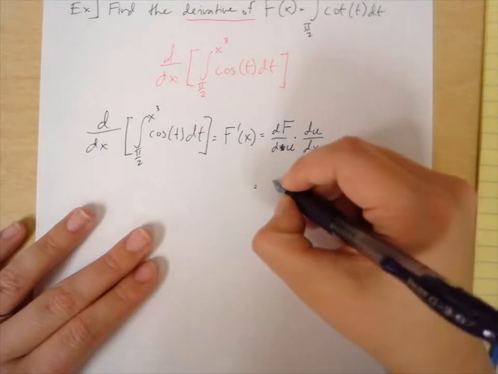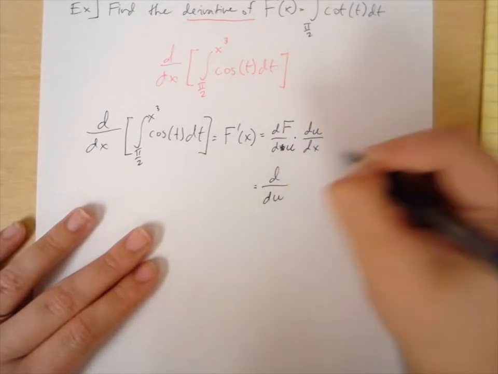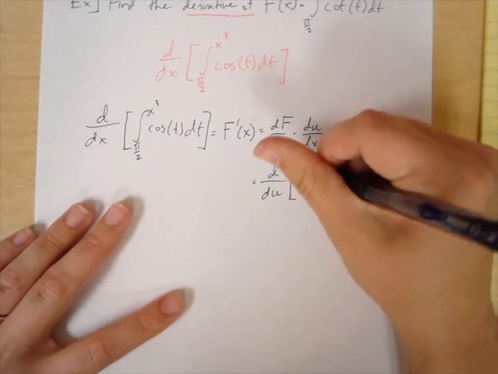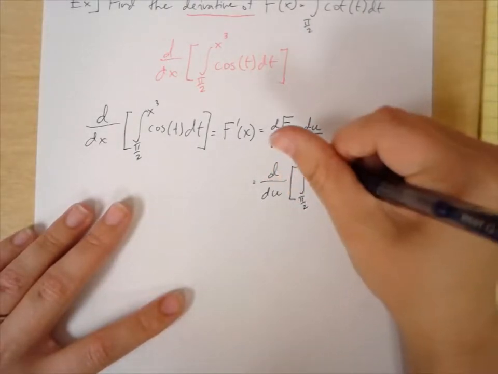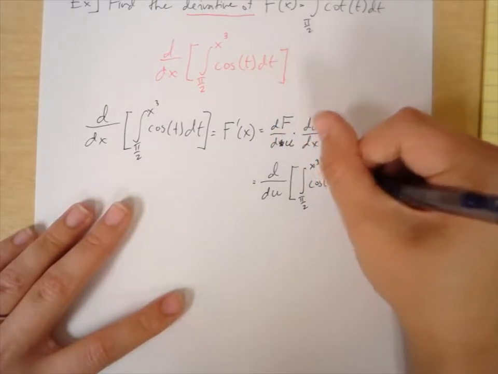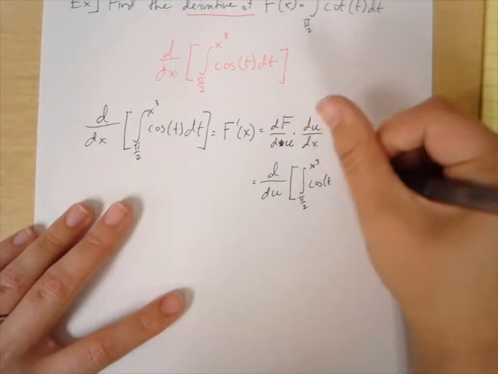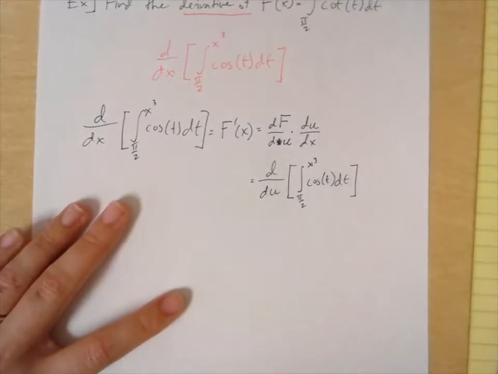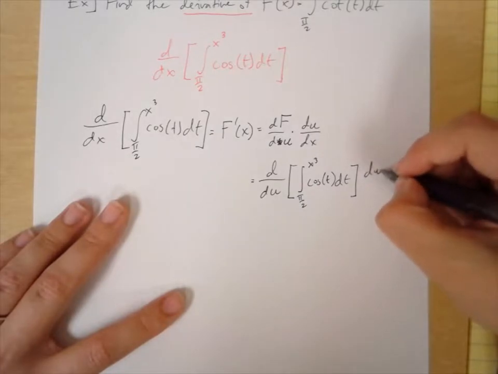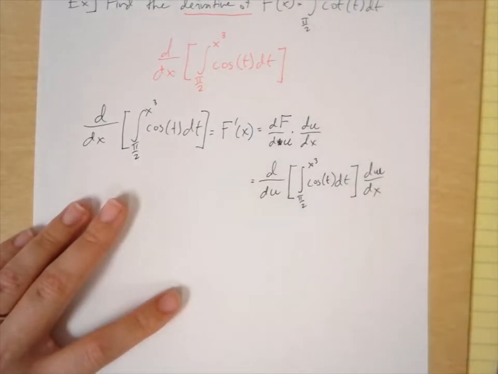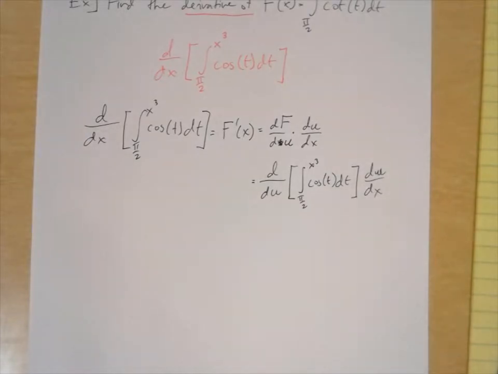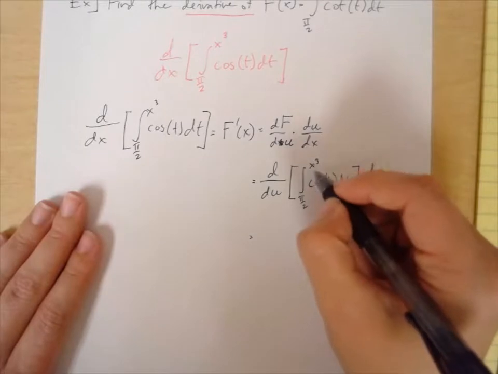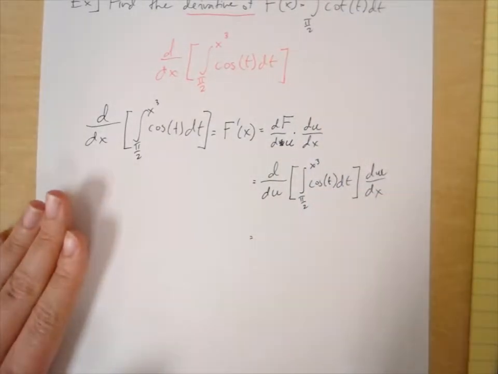So dF du is going to be d du of the integral from pi over 2 to x cubed of cosine t dt. And I still have du dx over here. And now let's reiterate what we're going to call the u in here. We're going to call the u the x cubed because that's what we don't know how to handle from our theorem.